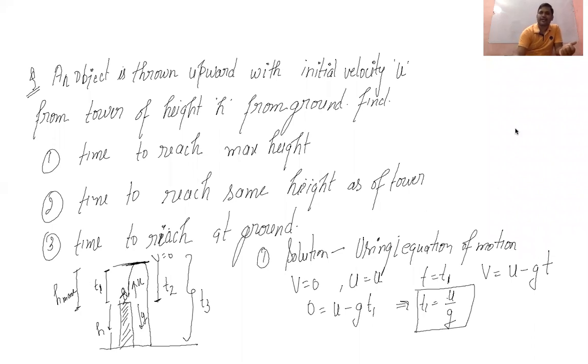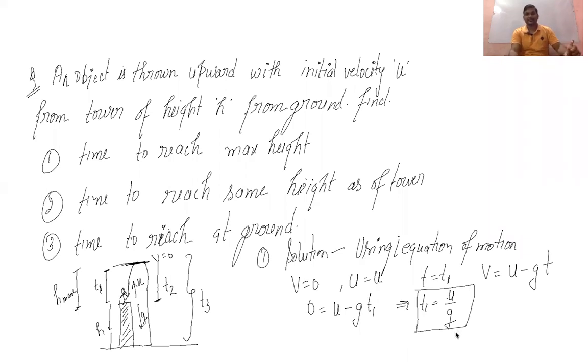How can you find it? By third equation of motion, or you can use the second equation of motion. It's up to you what you use. I'm just going to use the second equation of motion to find out the height h max.